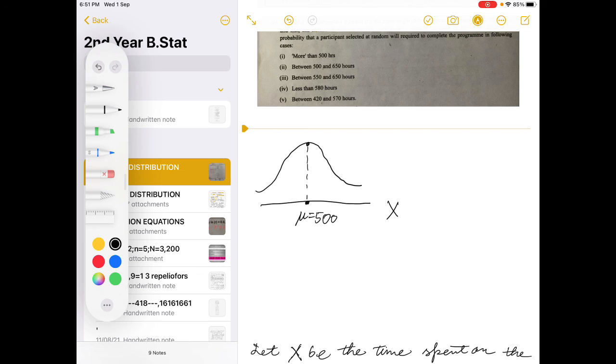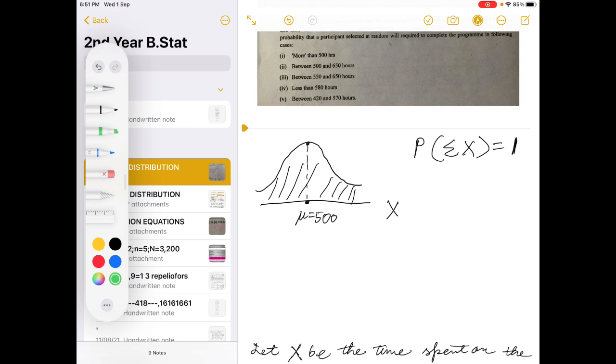Now, the whole area under this particular normal curve adds up to 1. So the probability of all possible events, all possible x's, is equal to 1. The whole area under this curve is taken as 1 or 100%. And this curve has the property that it is symmetric. That means the left side is equal to the right side. They are mirror images.